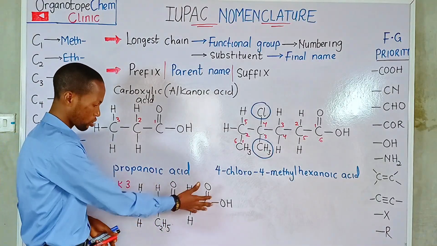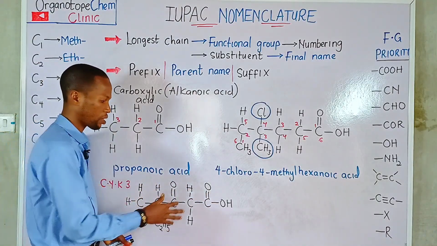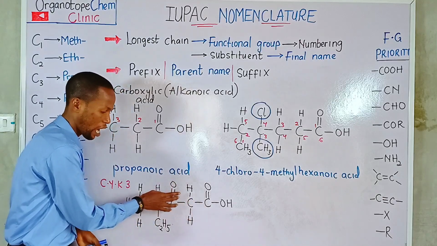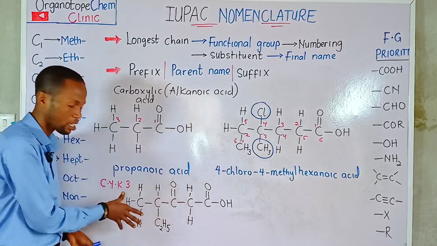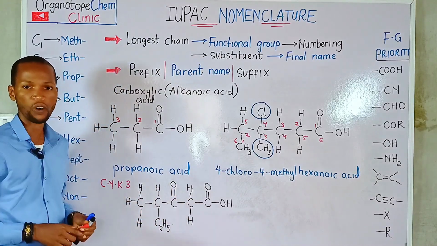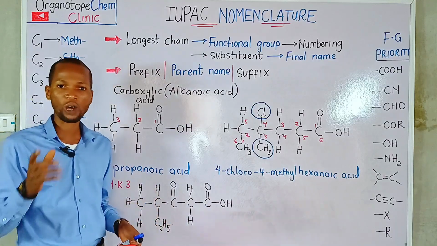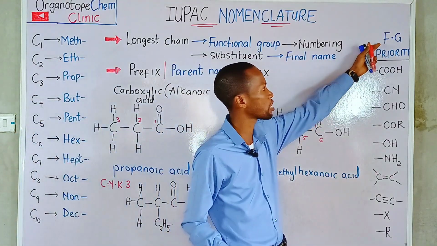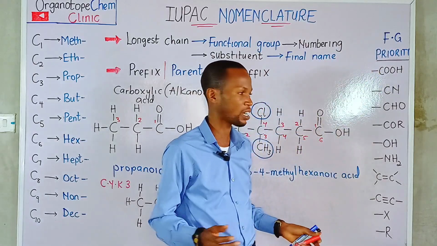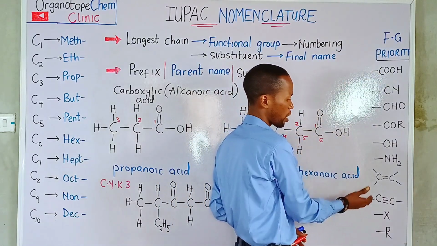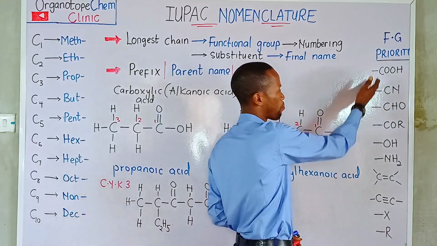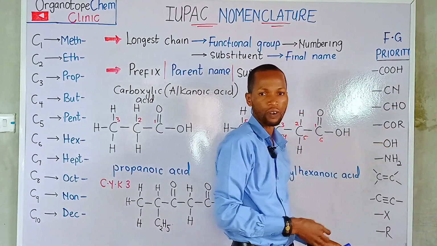All right, can we name this compound right here? We have the alkanoic functionality as well as the alkanone functionality in this compound. So we have multiple functional groups. The next thing is to identify the principal functional group. Now, can we check the functional group priority list right here? From the priority list, the alkanoic functionality is found above the alkanone functionality.